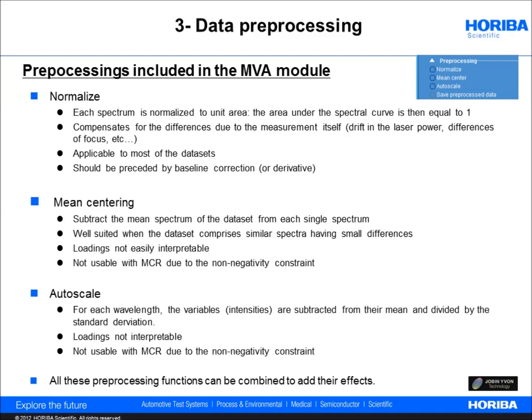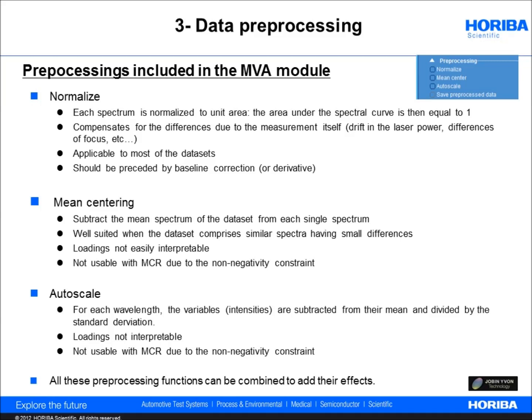For example, if you map a sample in which the background fluctuates upon the measurement positions, you will generate spectra with different background, thus adding some undesired information to the spectra. Using a preprocessing to remove the background is then recommended prior to running the NVA treatment, so as to focus only on the meaningful information lying in the spectra.